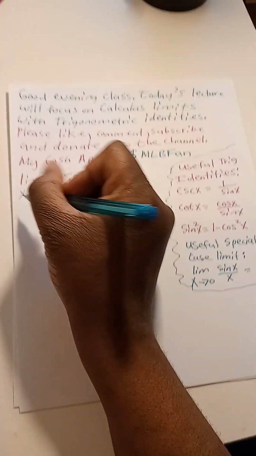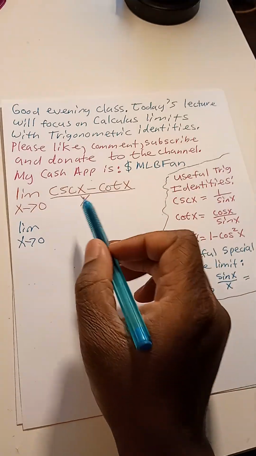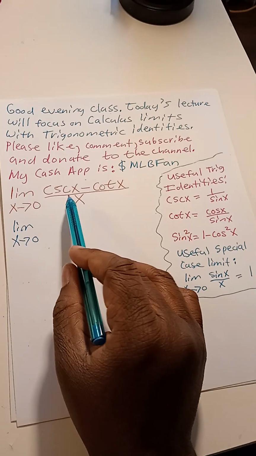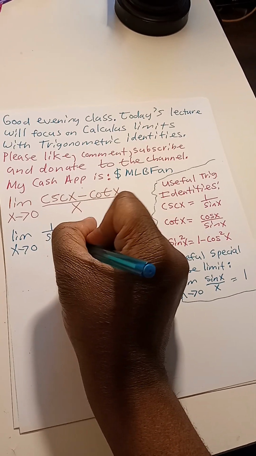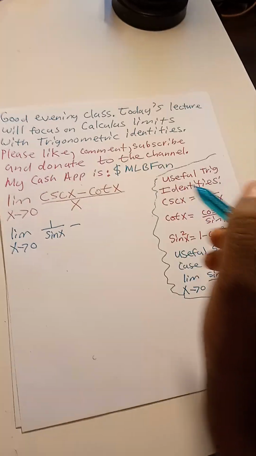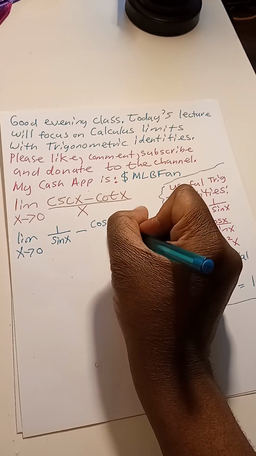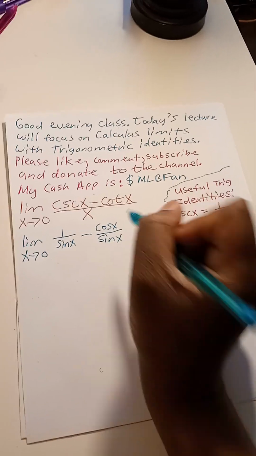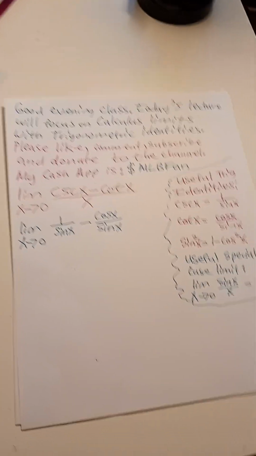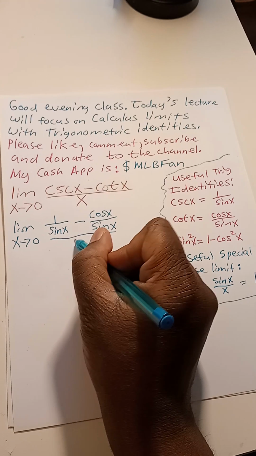Let's get started here. So the limit as x goes to 0, and as specified, cosecant x is equivalent to 1 divided by sine x, minus cotangent x, which is equivalent to cosine x divided by sine x, all divided by x.